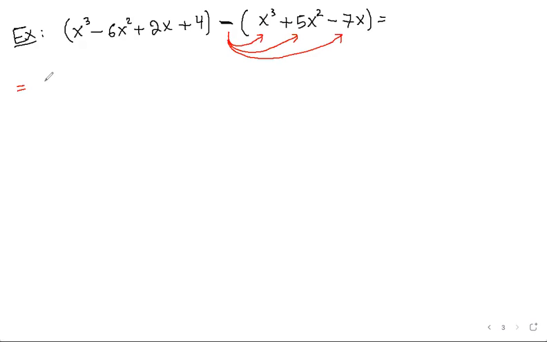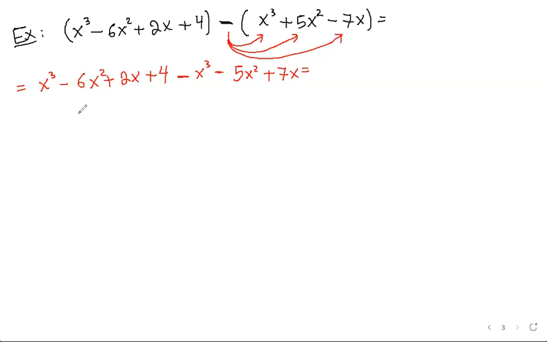So this is equal to x to the power 3 minus 6x squared plus 2x plus 4. Now we distribute the minus inside. What's the answer? Who will help me? It's negative x cubed minus 5x squared plus 7x. Exactly. So negative x cubed minus 5x squared plus 7x.